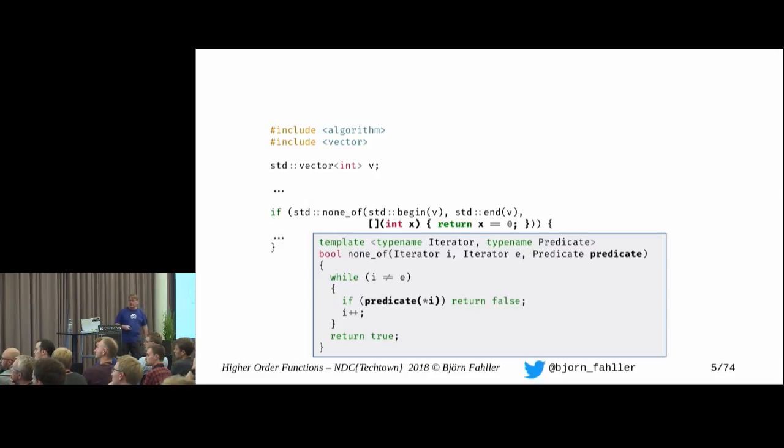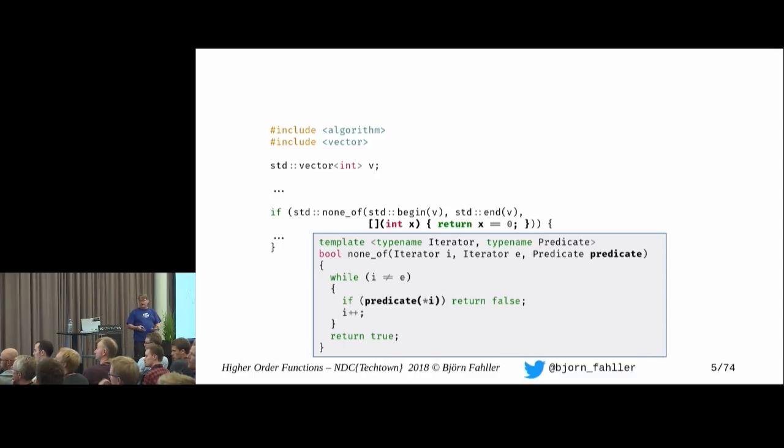It's not very difficult. A typical higher order function is a template. So in this case, none_of takes an iterator pair and a predicate, something that is callable. And we iterate over the elements, and if the predicate matches one of the elements, we return false because the function is none_of. None should match.